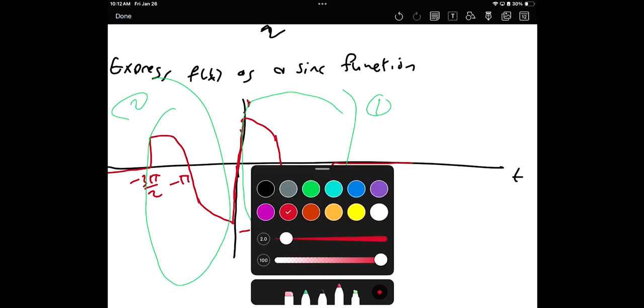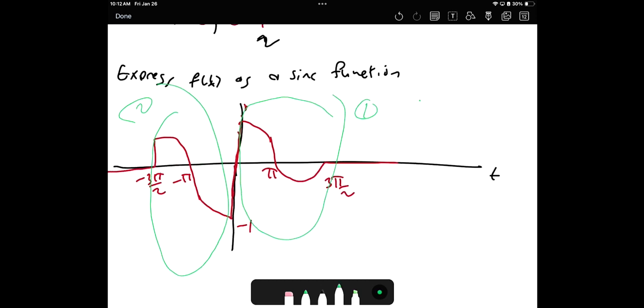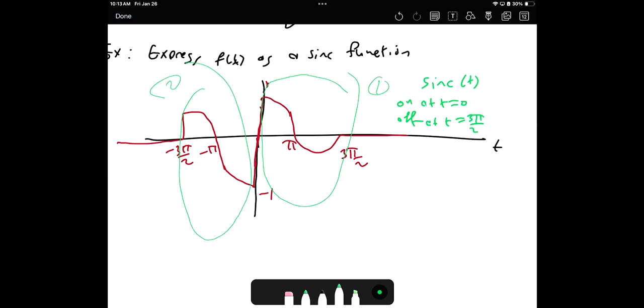So number 1 is like sine of t. But actually, that sine of t is not running the whole time. We're taking only one portion. So it is on at t equals 0, off at t equals 3 pi over 2. Is that right?